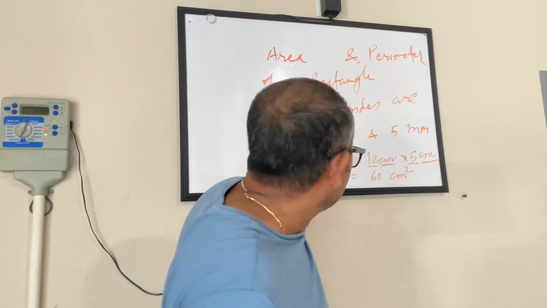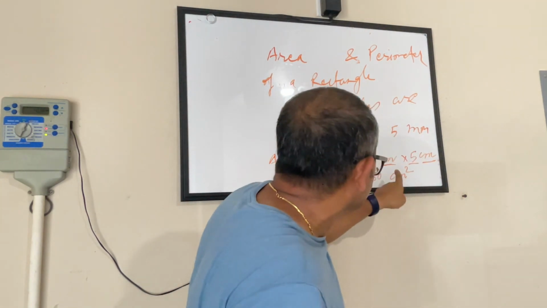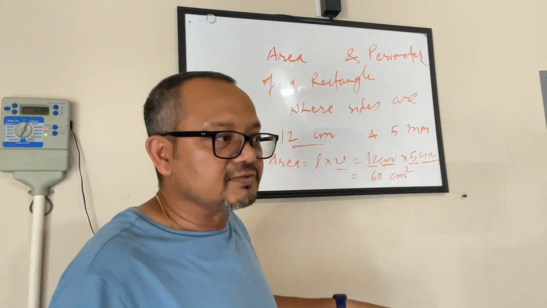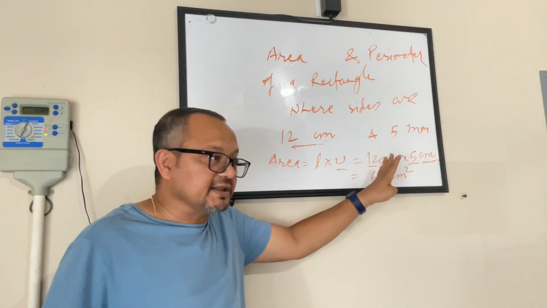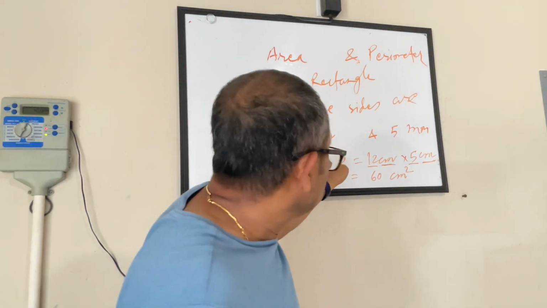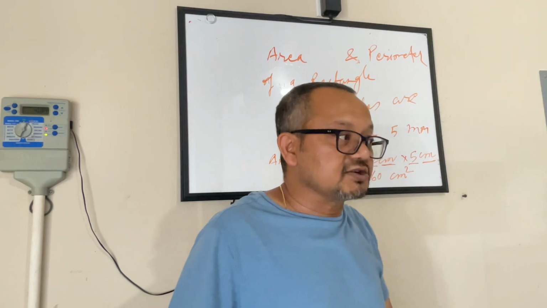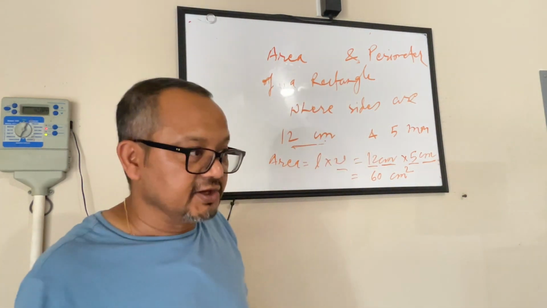When you multiply centimeter with millimeter, this is different, so I have to convert this into 1 unit first and then do the operation. I'm not complicating this, but make sure that you don't forget the unit, because if you forget the unit, things could go wrong majorly.